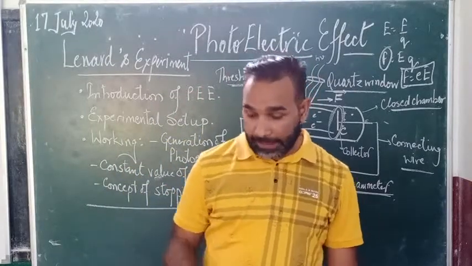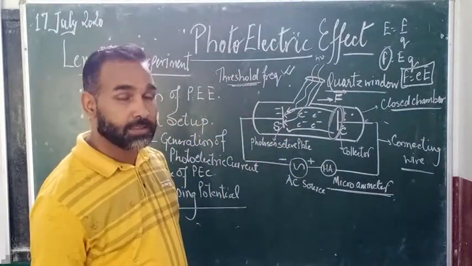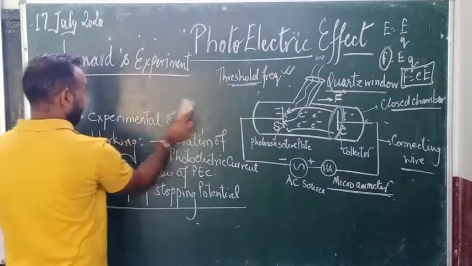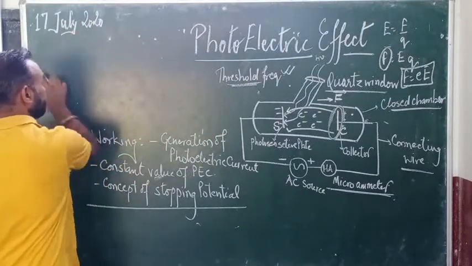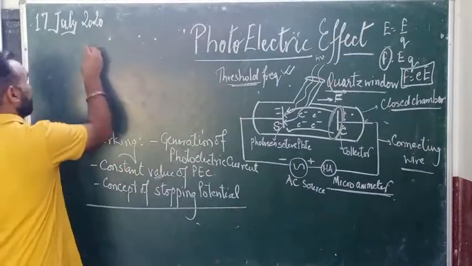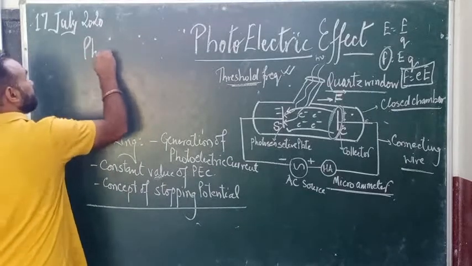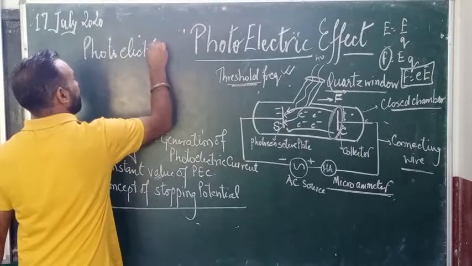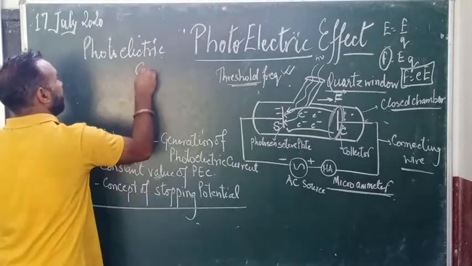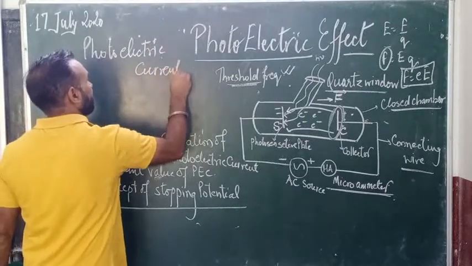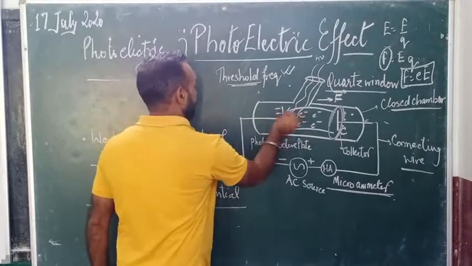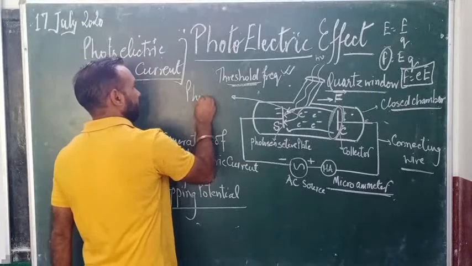And the particular current which flows by this phenomenon of the photoelectric effect is known as photoelectric current. And these electrons are known as photoelectrons.